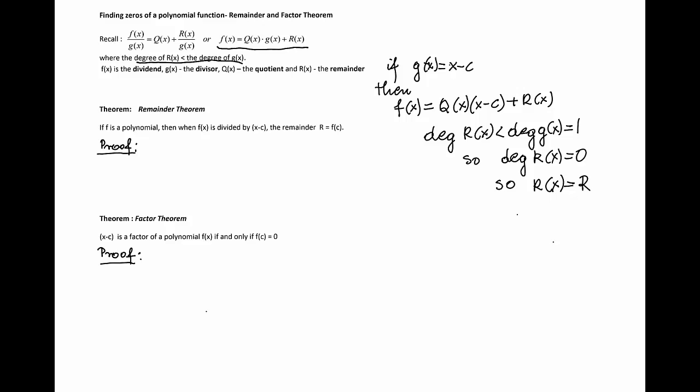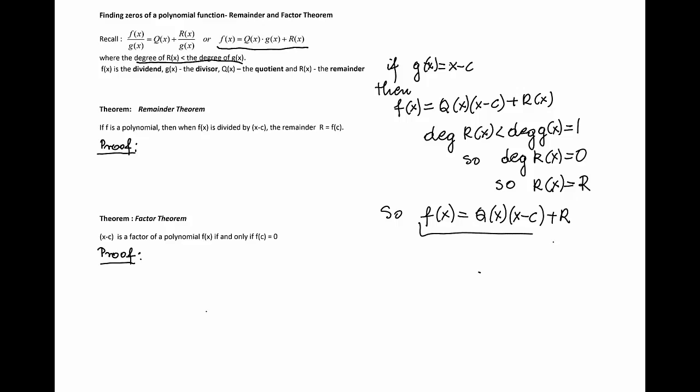So for the case where g of x is equal x minus c, we can write that f of x is q of x times x minus c plus r.